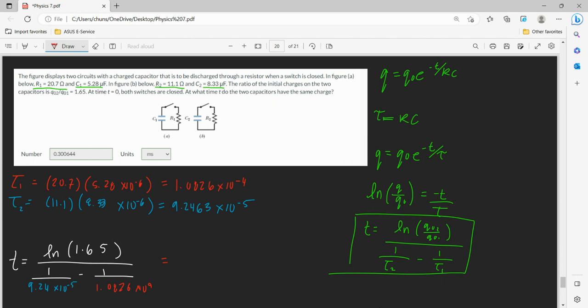And this gives 3.17 times 10 to the negative 4 seconds. If we want milliseconds, that is 0.3173 milliseconds. So it's not quite what we got in our answer, but it is relatively close. So that is that question done.